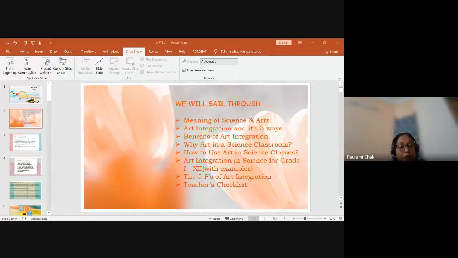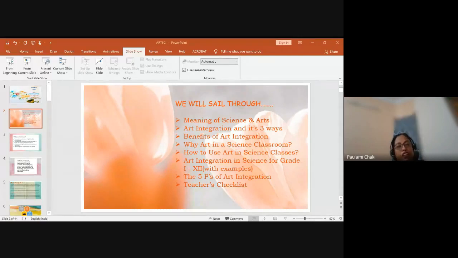Students become passionate while they are coming out with their own creativity, and they become more confident. Not only do they become confident, they get inspired, and they inspire their fellow beings. And there are many art integrated ways wherein the student also subtly develops problem solving abilities. So that is why we should include art in our science classroom.